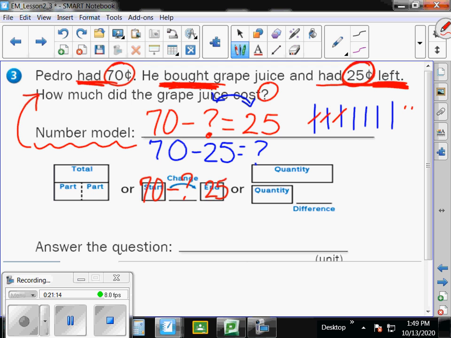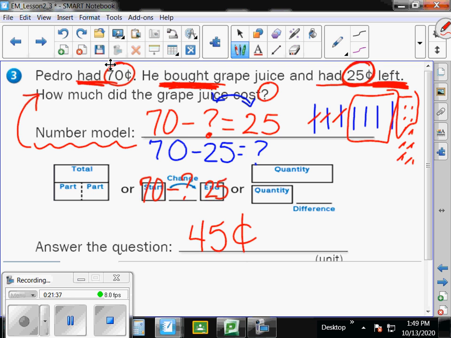Let's trade. 1, 2, 3, 4, 5, 6, 7, 8, 9, 10. Take away 5. 1, 2, 3, 4, 5. What am I left with? 45. 45 what? Now this one isn't dollars, this one is cents. So my cents symbol does go after. The dollar symbol goes before the number, the cent symbol goes after.